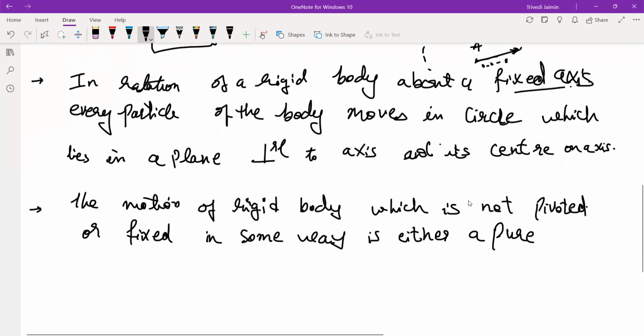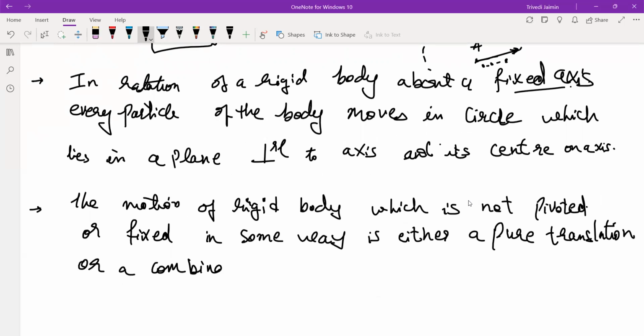What do you mean by translation? Changing one place to another. Or a combination of translation and rotation.